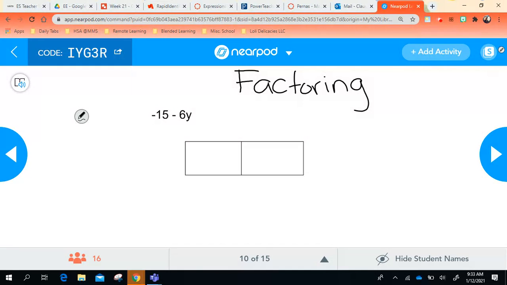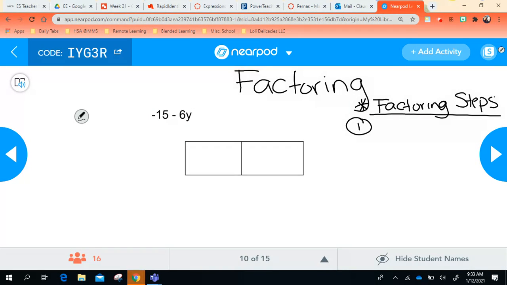So to the side of where you wrote your problem, you can put "factoring steps." You can put a little star around it, or next to it, I mean.